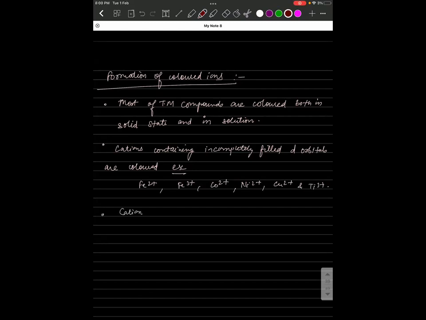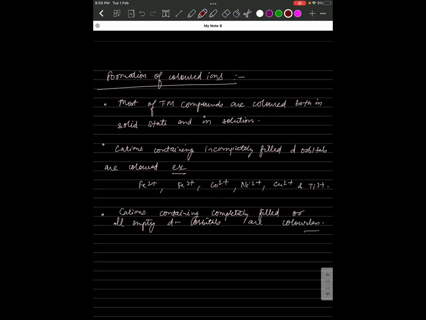And cations containing completely filled or all empty d orbitals, they are colorless.